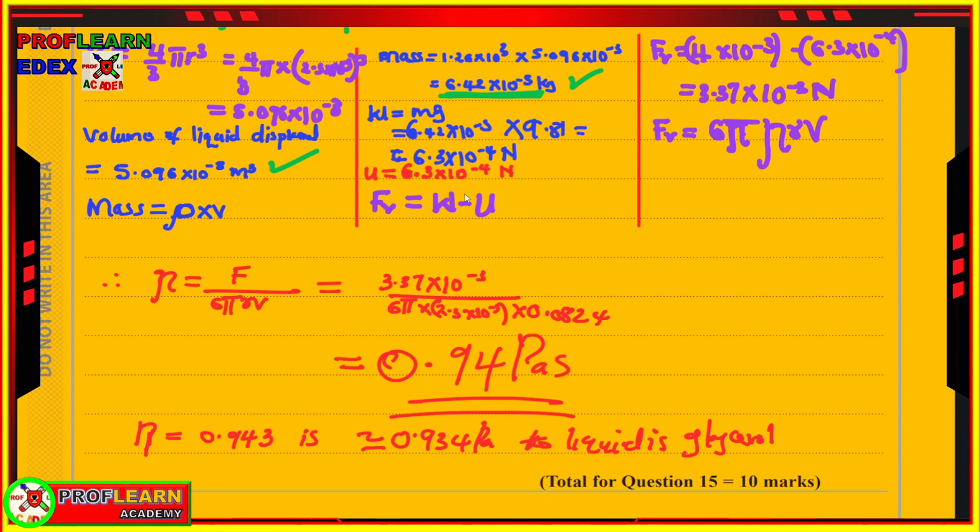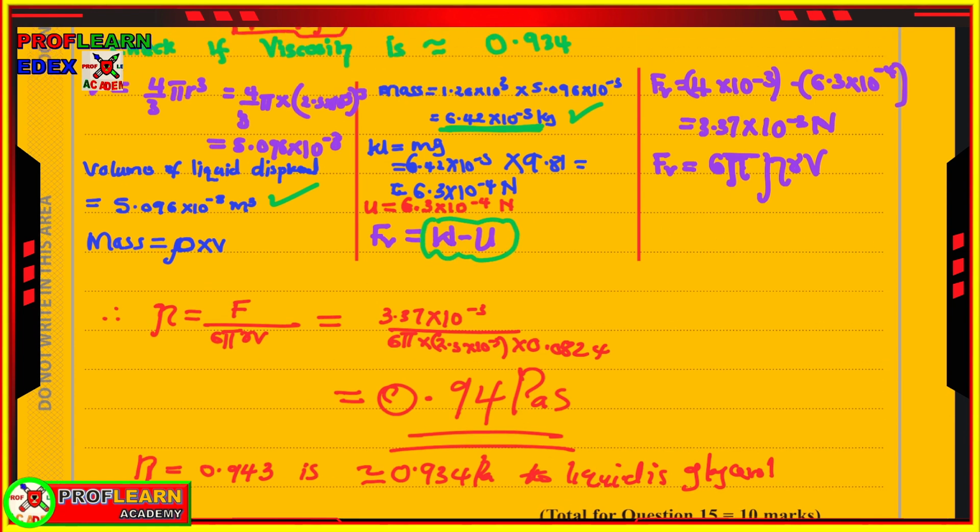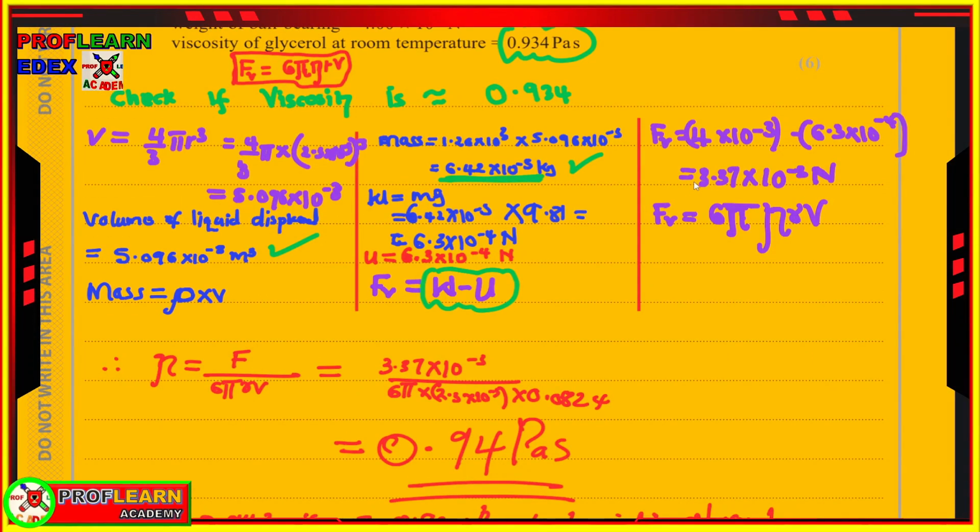If we take the upthrust to the other side, it becomes minus. Then I use the weight that was given so that we can work out the drag force. Our drag force is equivalent to 3.37 times 10 raised to power negative 3.